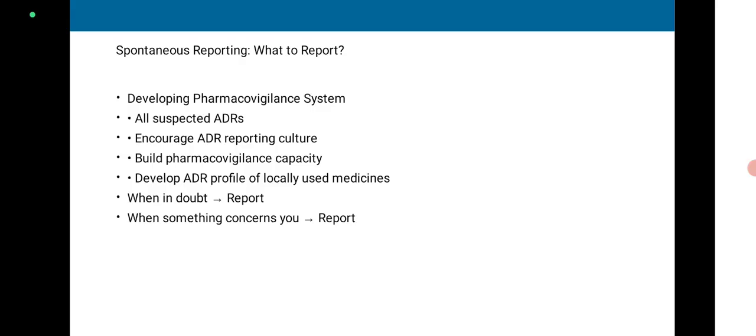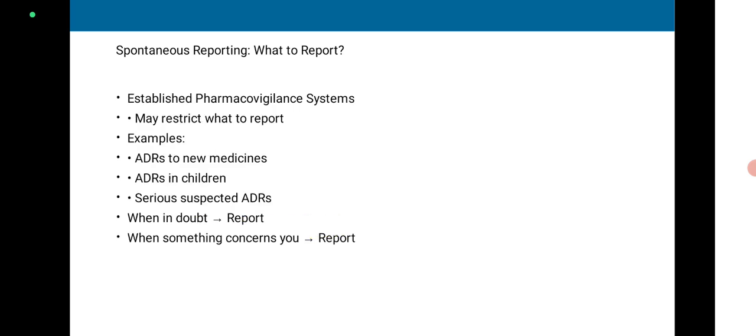If there is a doubt, report; if there is something that concerns you, report. If the pharmacovigilance system is already established, we may restrict what needs to be reported, for example ADRs to new medicines, ADRs in children, or serious suspected ADRs. In the same way, if there is a doubt or something that concerns you, we need to report.